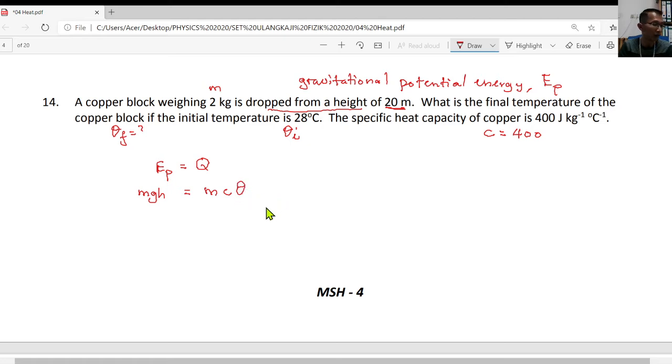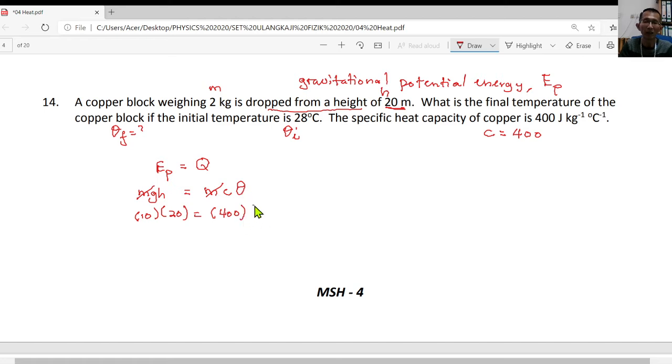As you can see here, we can cancel our m, the mass is equal, so we can just cancel this m. So g is 10, h is, where is h? h is 20. Here is my h, so h is 20 meter equals to c. c is 400.